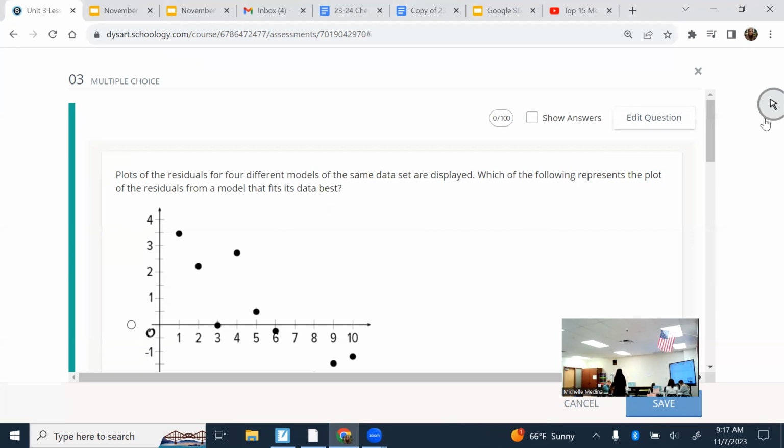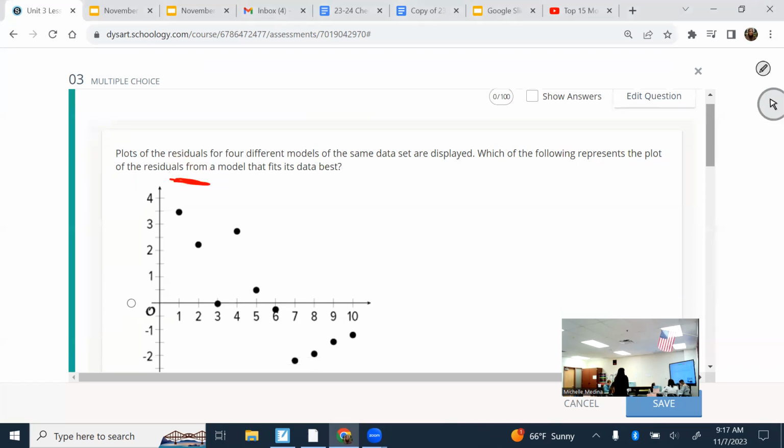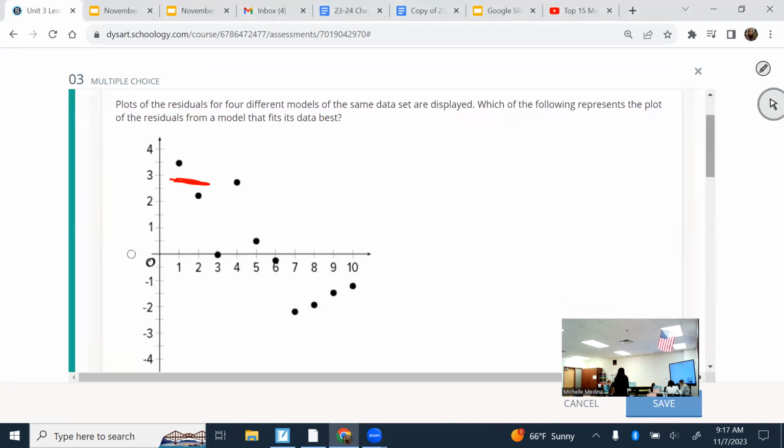They're only showing the residual plots, so that's where you need to pay attention. Based on what we learned earlier today, and I know you can only see some at a time, does this one look pretty good? Do you think that one's going to be the one that fits the data best, if it's scattered like that?